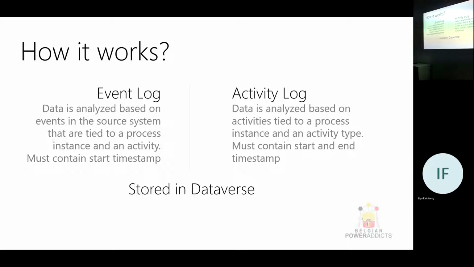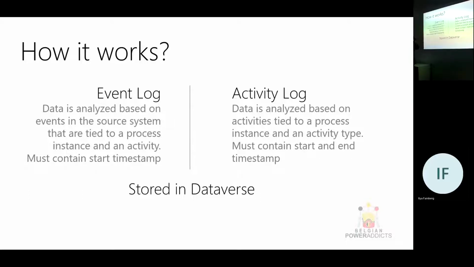So how does that work? Really, it's quite simple in a way. I mentioned that you don't need a lot of data for process mining. Actually, you need just 3-4 fields to start. The way Process Advisor does that in Power Automate is by interacting with one of two entities, an event log or an activity log.